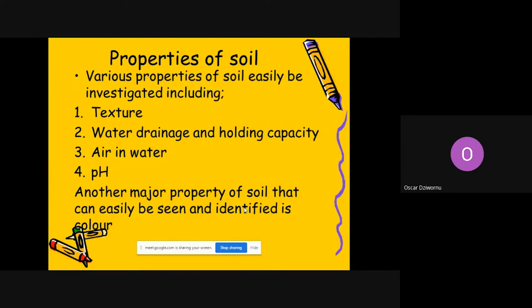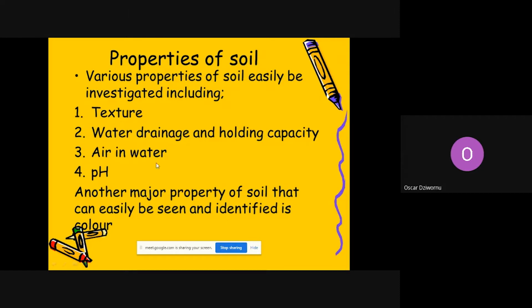And these properties are texture, like I saw from one of you; water drainage and holding capacity; air in water; and then pH.